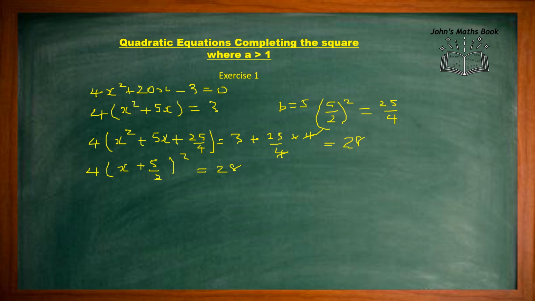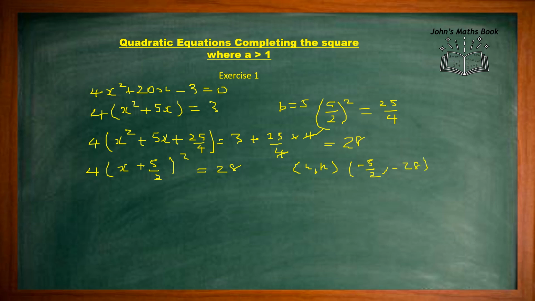So now we have it in the form where we have the coordinates of the vertex. So coordinates of the vertex h and k are minus 5 divided by 2 for the x coordinate and minus 28 for the y coordinate.